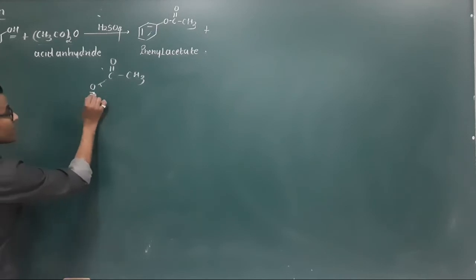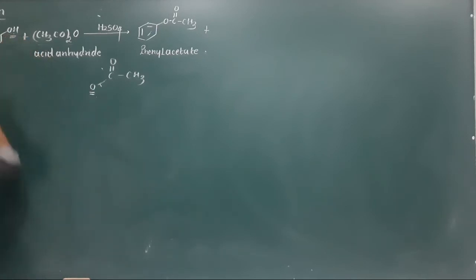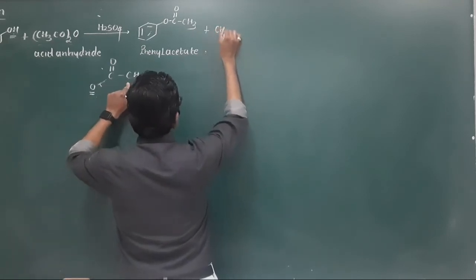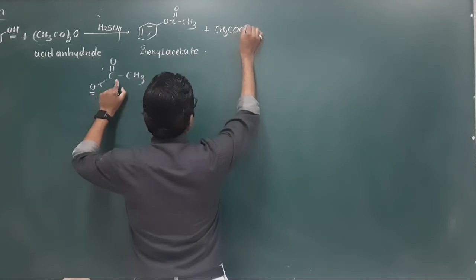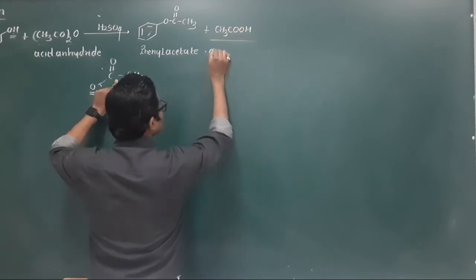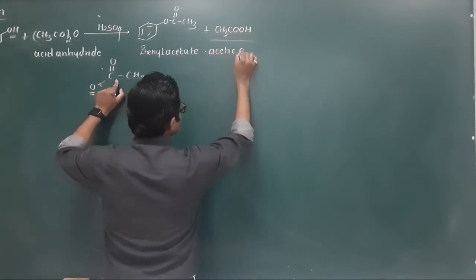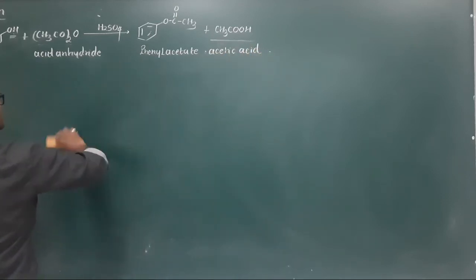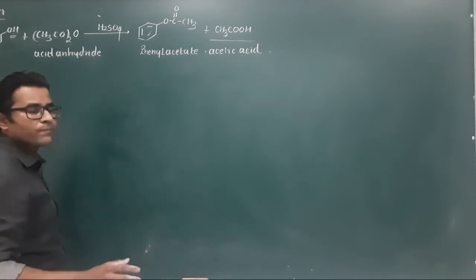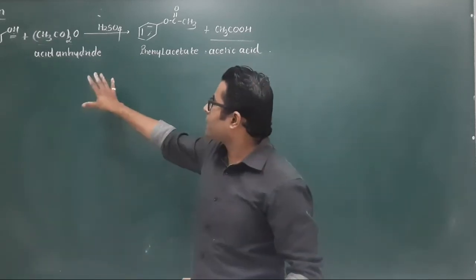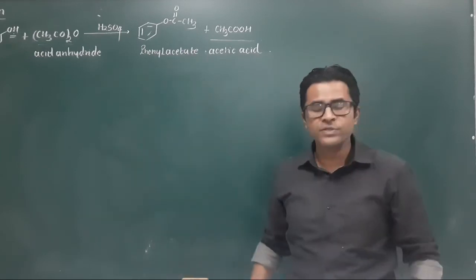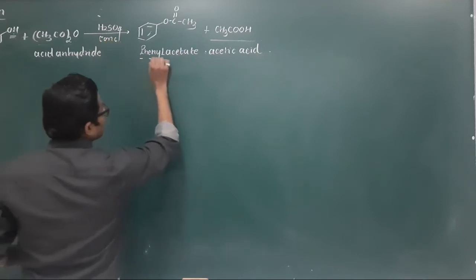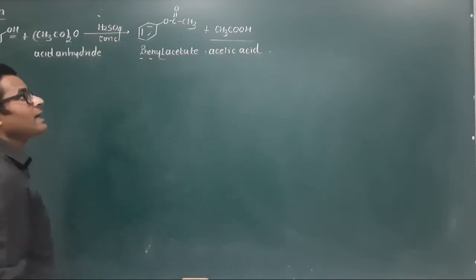This oxygen takes up this hydrogen, so what we get is CH3COOH, the acetic acid. This is the reaction of phenols with acid anhydrides in the presence of concentrated H2SO4, giving the product phenyl acetate and a byproduct, acetic acid.